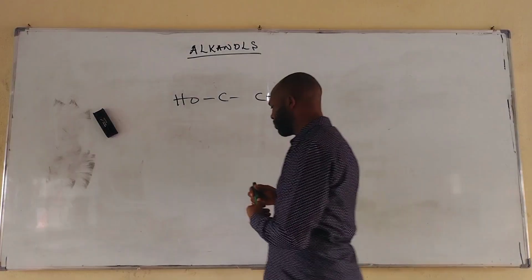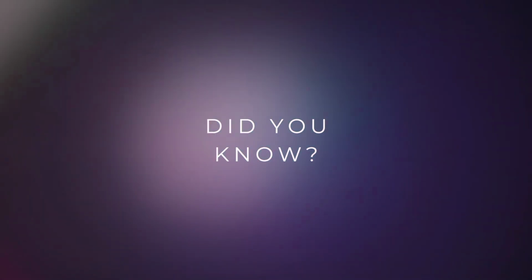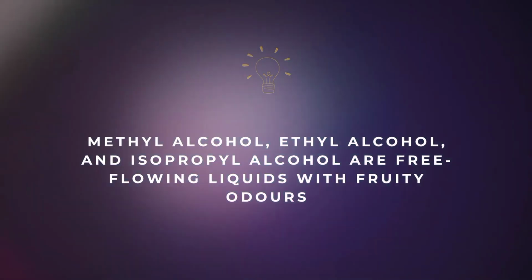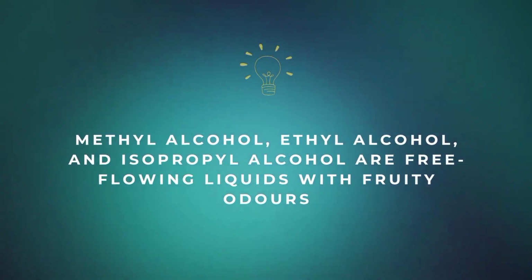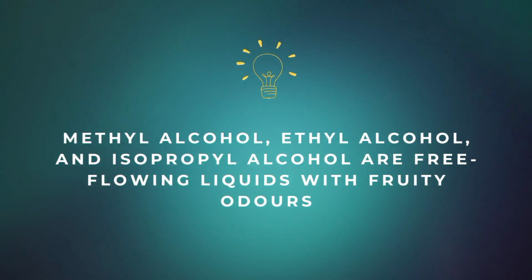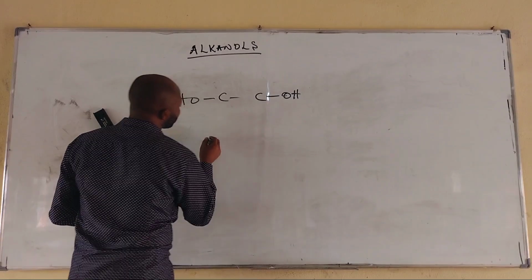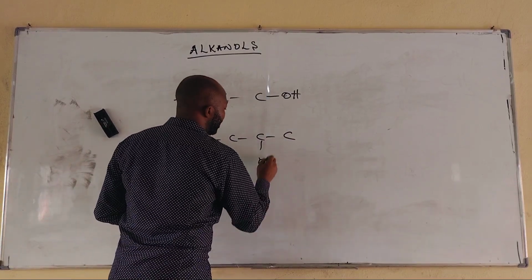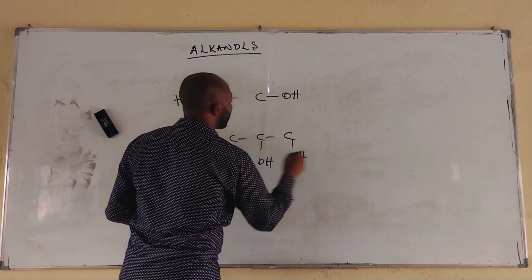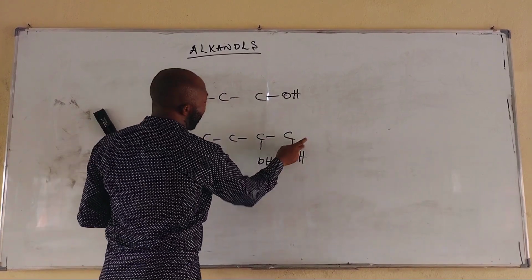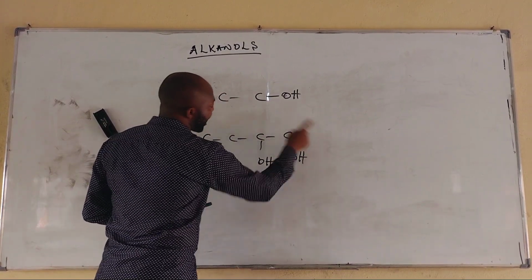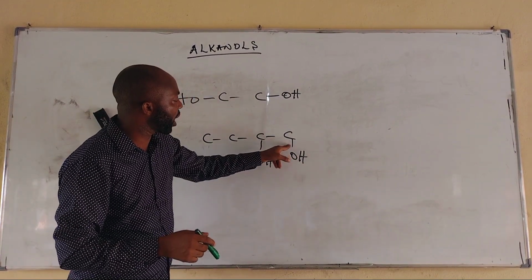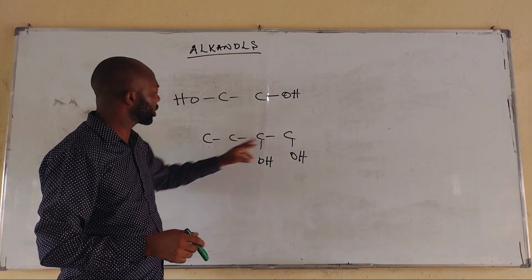So we can take another example here. 1, 2, 3, 4. I have my OH here. I have my OH here. This is 1,2-propane diol. The OH is in the position 1 and 2 of propane. Sorry, this is butane.